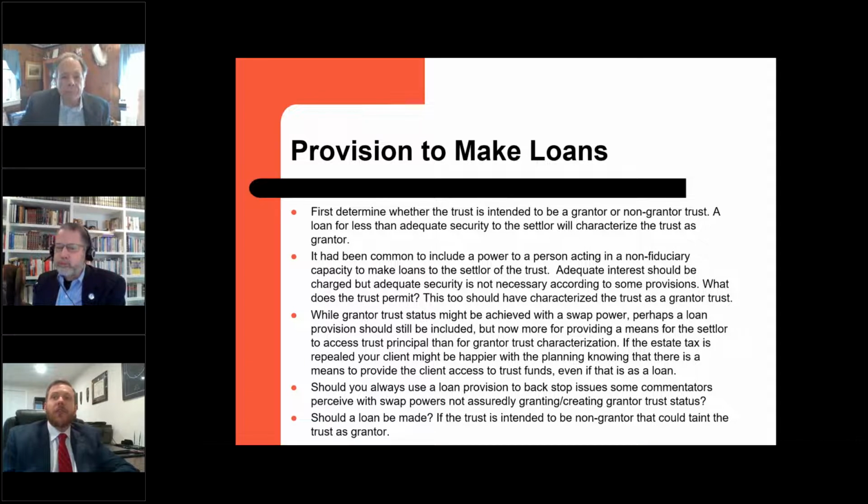If you have several ways for a client to get access to the assets, if they want to get some money out of it, or if there's a concern, which one of those provisions should be used? For example, the loan provision that lets you get liquidity from the trust, but it doesn't reduce the amount of assets that are in the trust.